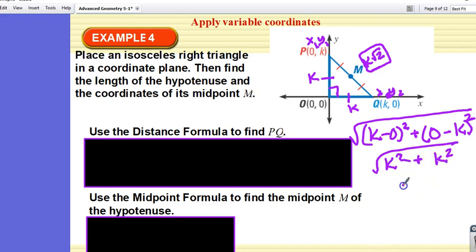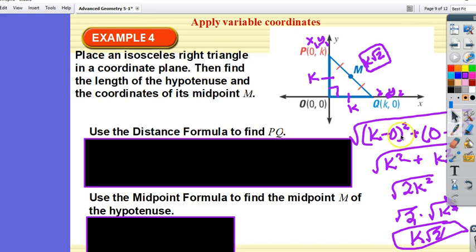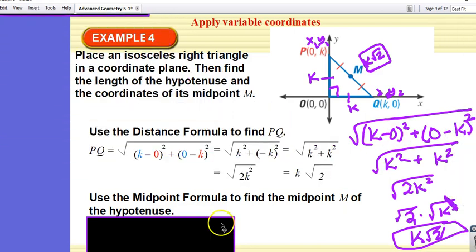K squared plus K squared, you have 2 K squareds, square root. So it's really the square root of 2 times the square root of K squared. Squared and square root cancel each other out. So K rad 2, which is what I knew just from it being a special right triangle. Back from algebra 1 when we learned 45, 45, 90s.